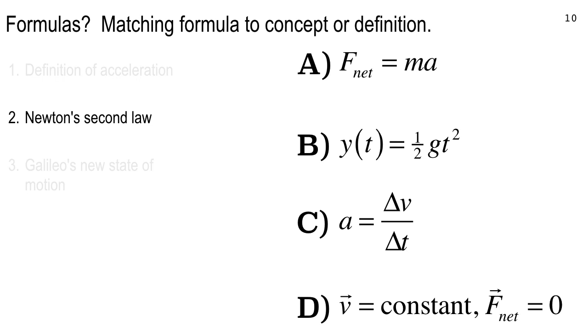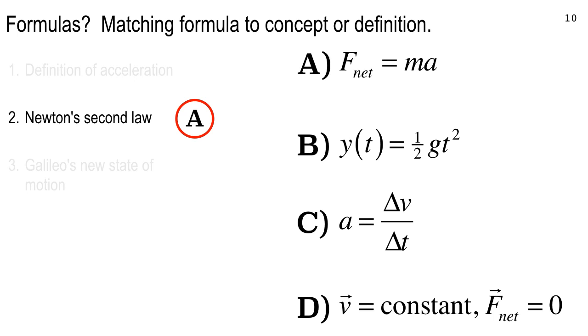10, 9, 8, 7, 6, 5, 4, 3, 2, 1, 0. Okay, most of you got that one right. It's A. And here's how you know it's not C, because that was the previous answer. And I told you that it's not D. So is it B or is it A?